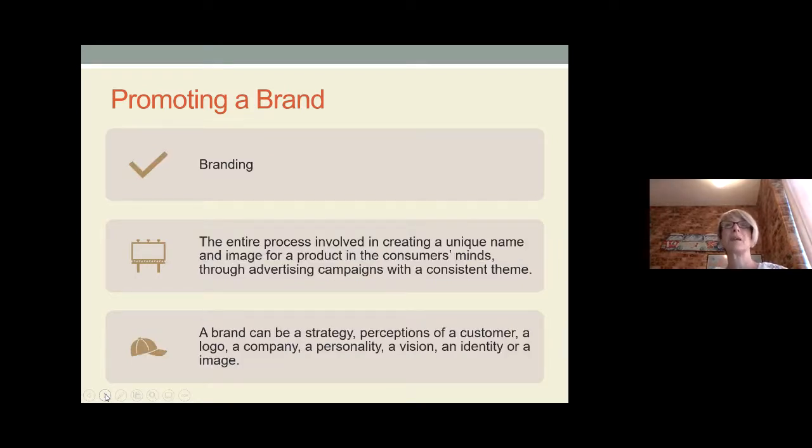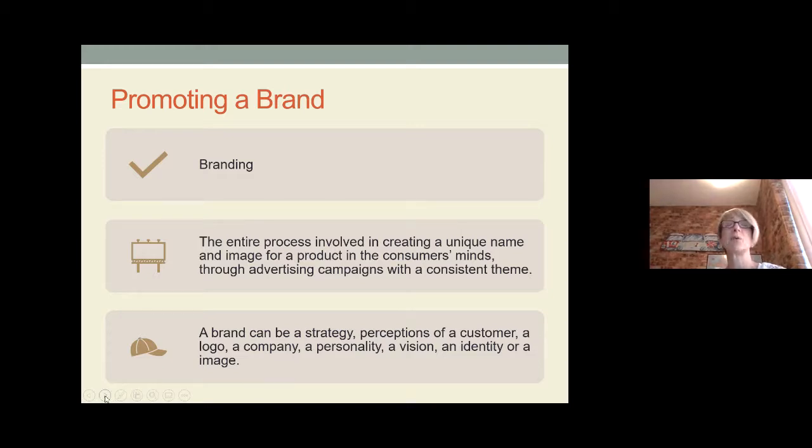So branding, the entire process involved in creating a unique name and image for a product in the customer's mind through advertising campaigns with a consistent theme. So a brand can be a strategy, a perception for the customer, a logo. The company itself is the brand. It has its own personality, a vision, an identity, or an image.